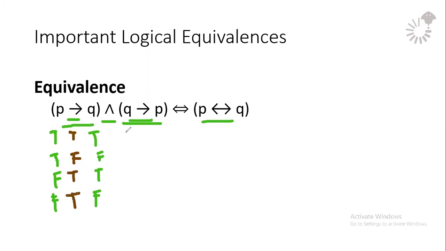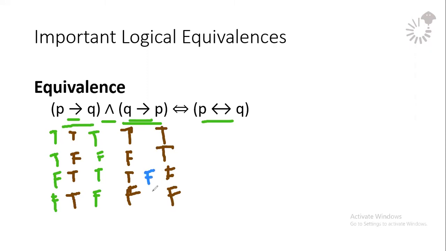But what if we swap the positions? Q is true, false, true, false, and the value of P is true, true, false, false. Implication: find the true, false combination and that is false.